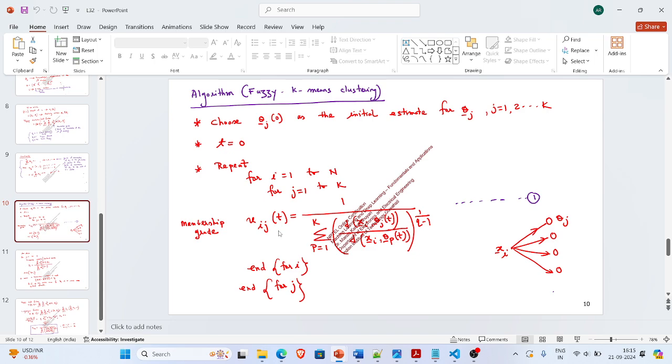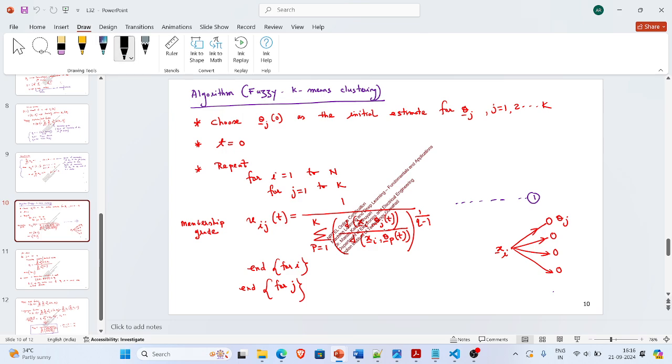So how is it calculated? You can see it is 1 by the summation over all the cluster centers. What we are trying to see is the distance between the xi point that we have, for this i, and the jth cluster center.